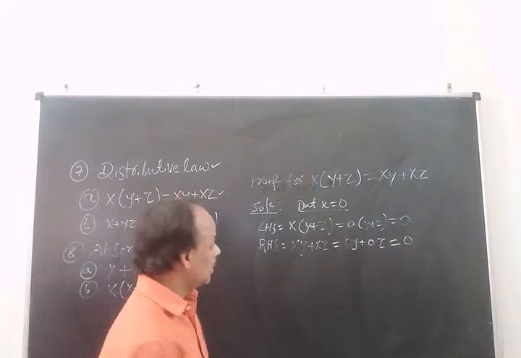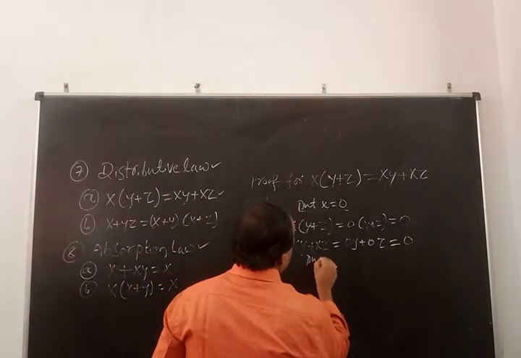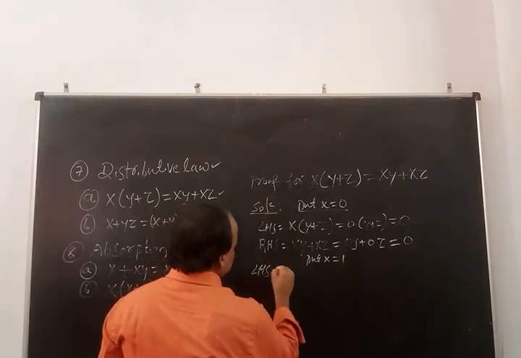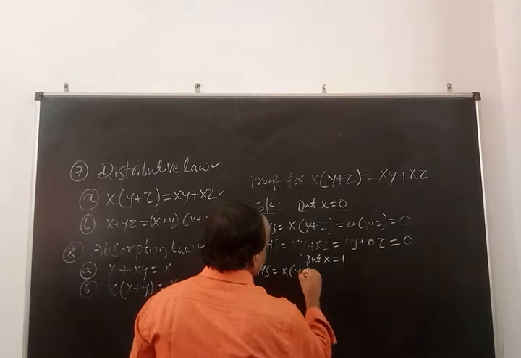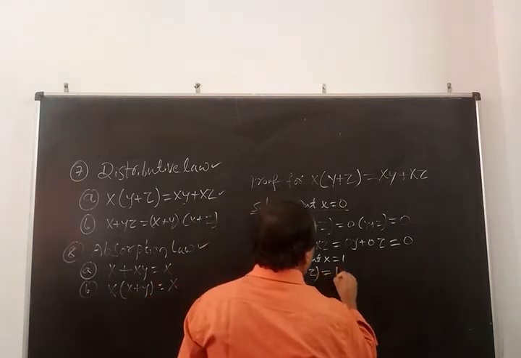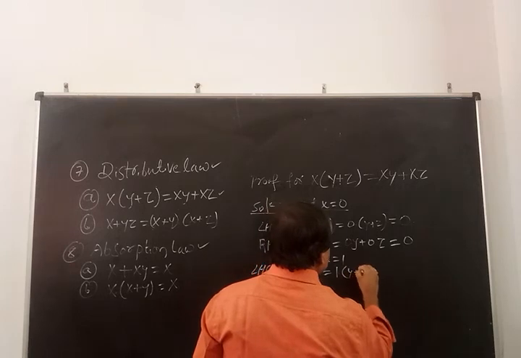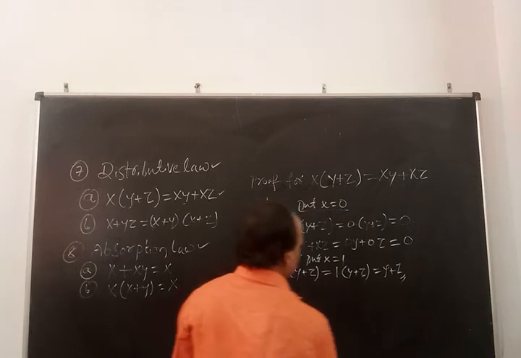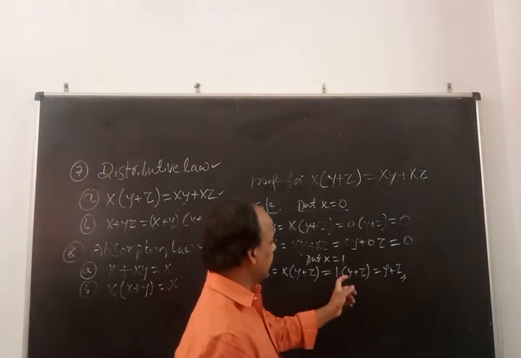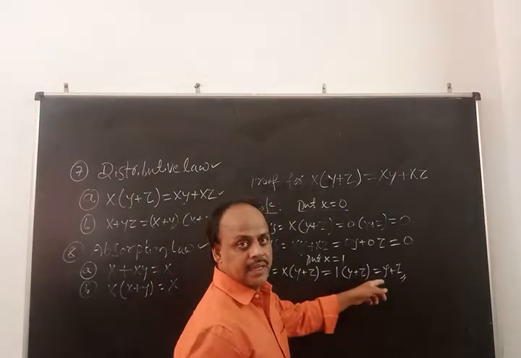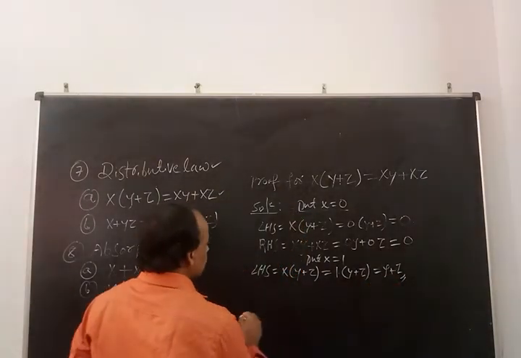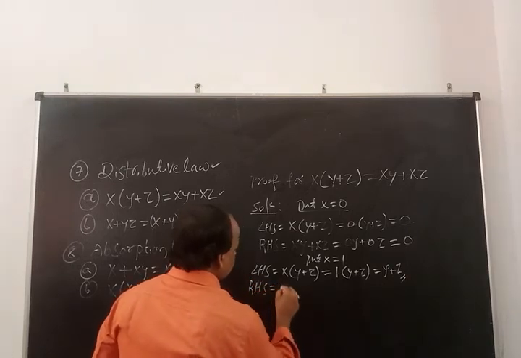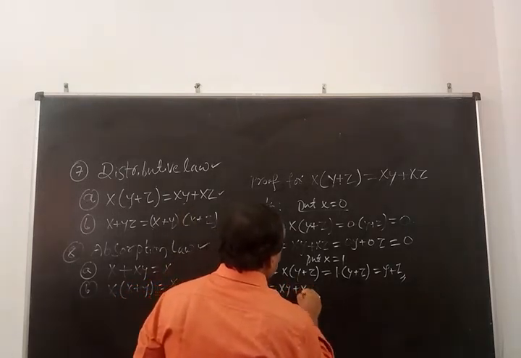Both are equal. Now see, by putting x equal to 1, LHS equal to x into bracket of y plus z, which will be equal to 1 into y plus z, which will be equal to y plus z. 1 into bracket of y plus z, anything into 1 means that thing only, that's y plus z. Now consider RHS, that is x into y plus x into z.